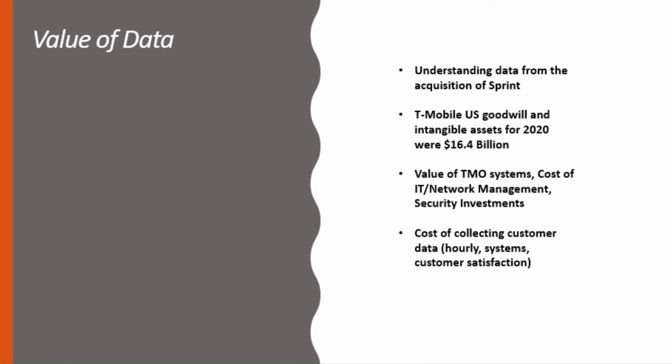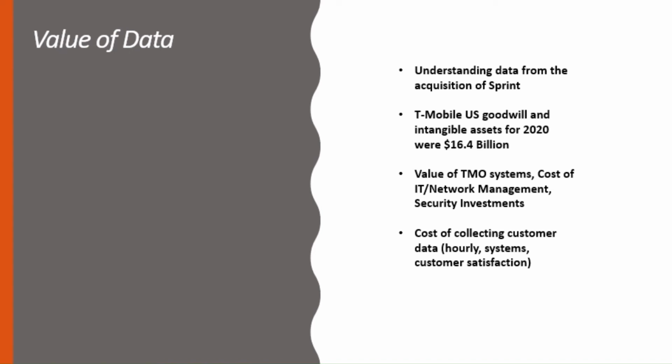There's also a value of the T-Mobile systems, so all of the tools and systems that they use for customer relationship management, their billing systems. So there's a cost to that IT and network management, as well as security investments, things that will help prevent any future data breaches. And then there's the cost of collecting customer data.